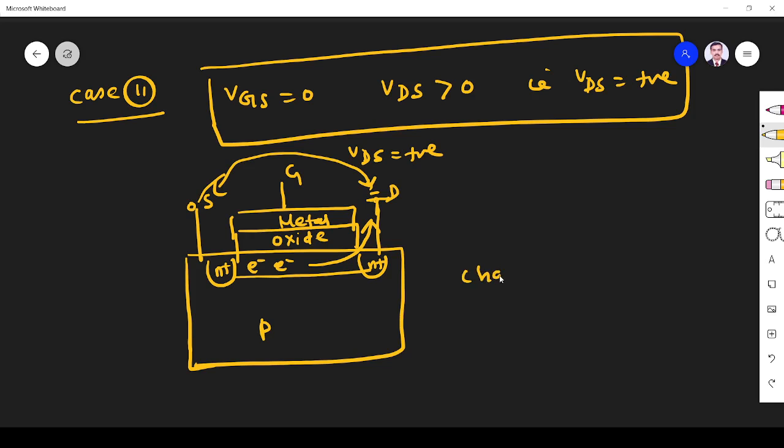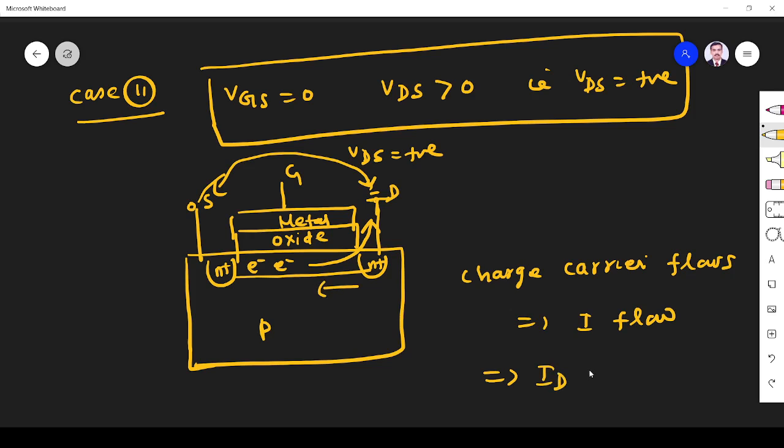The charge carrier flows, which is nothing but current flow. Electrons flow from the source to the drain region, which means the conventional current flows in the opposite direction. We call it the drain current.